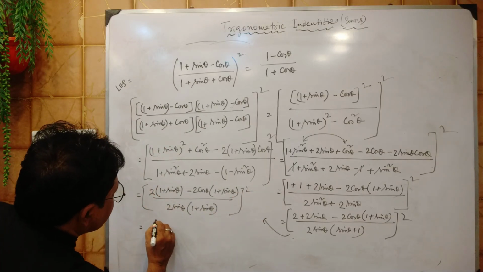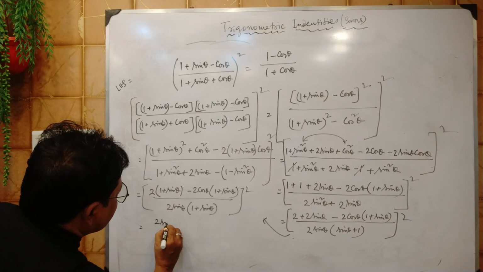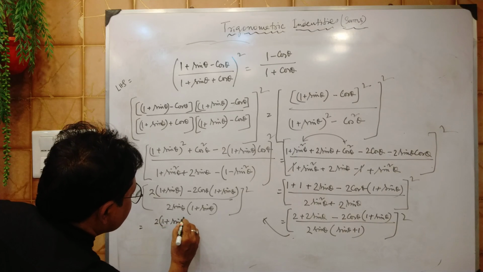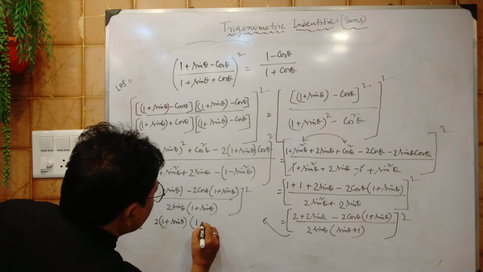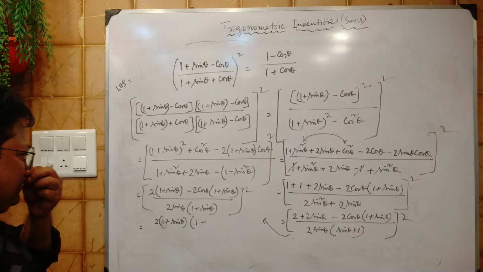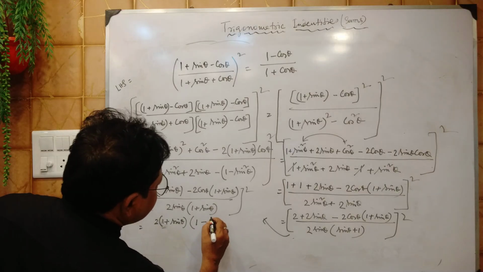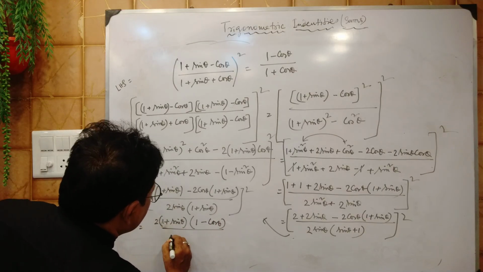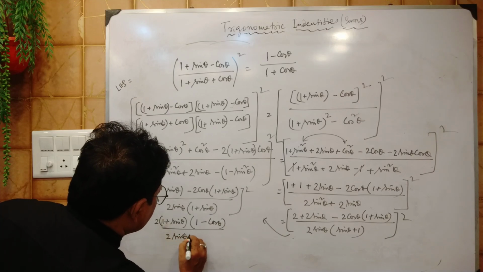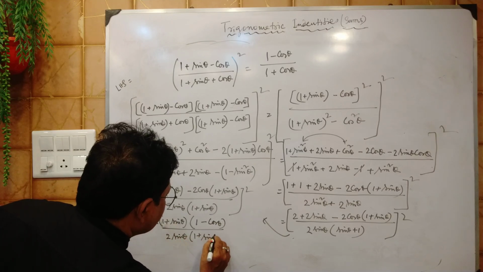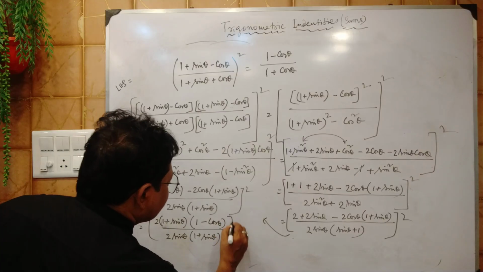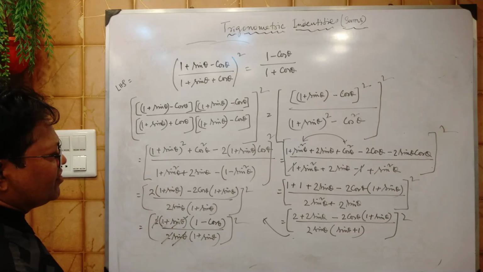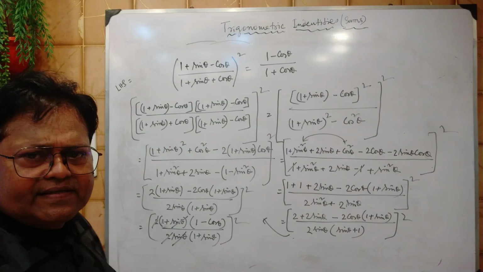Now if 2 into 1 plus sin theta is taken common, you will get 1 minus cos theta divided by 2 sin theta into 1 plus sin theta, whole square. Now this cancels out, this cancels out. What you will get? Do you see?